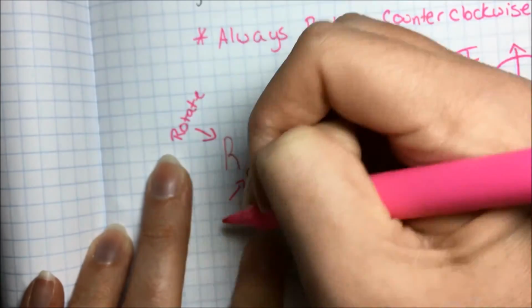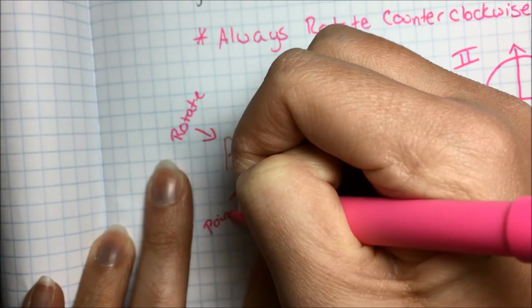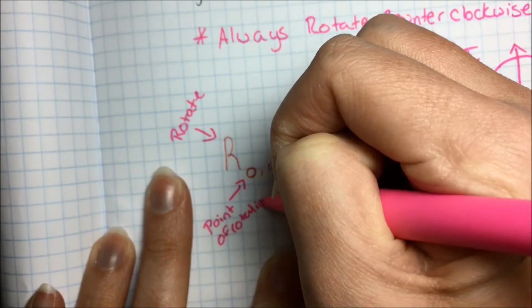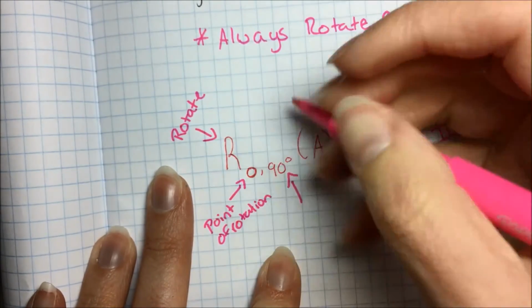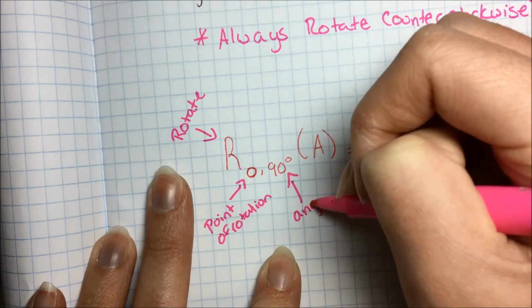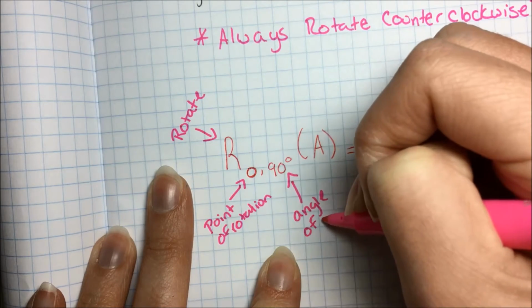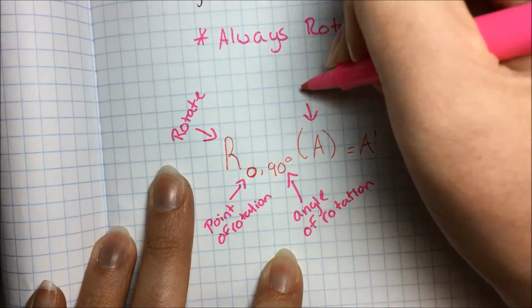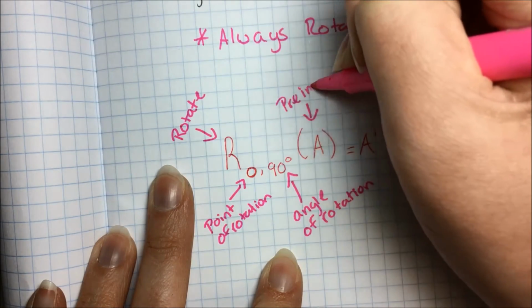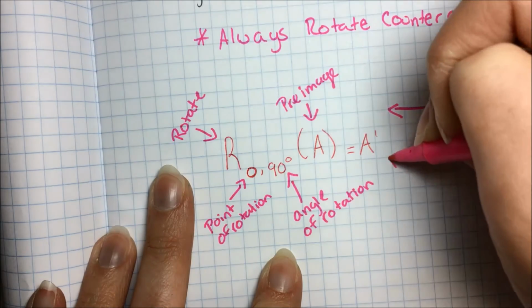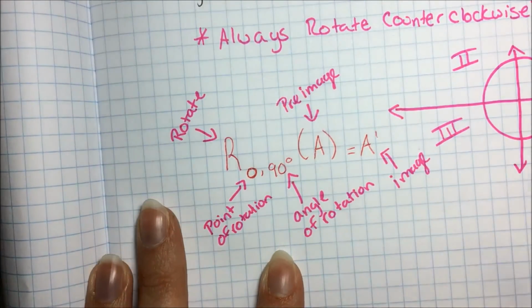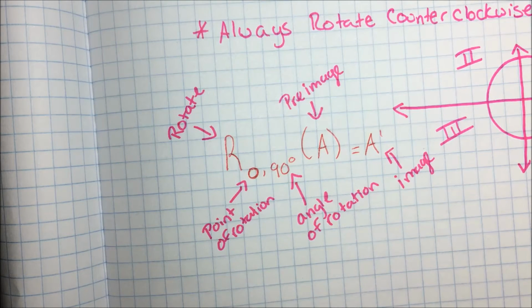The O stands for the point of rotation. The angle stands for the angle of rotation. The pre-image is in the parentheses, and the image is on the other side of the equal sign. So that's all the parts of our notation for rotation.